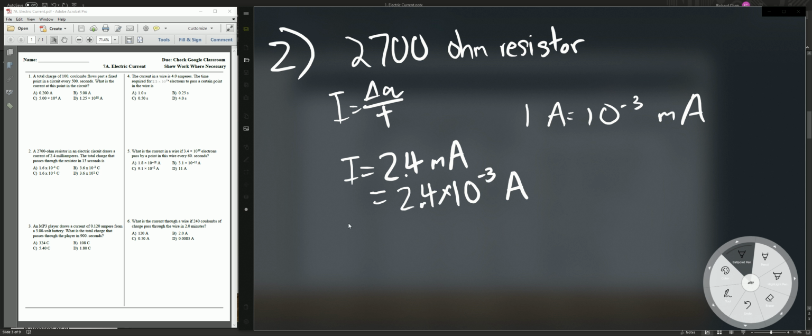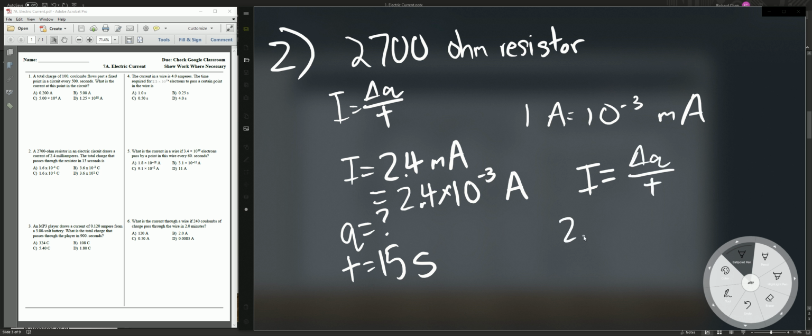Now, it says the total charge, so you want to find out what the charge is, and the problem gives you your time. Now you set up your equation.